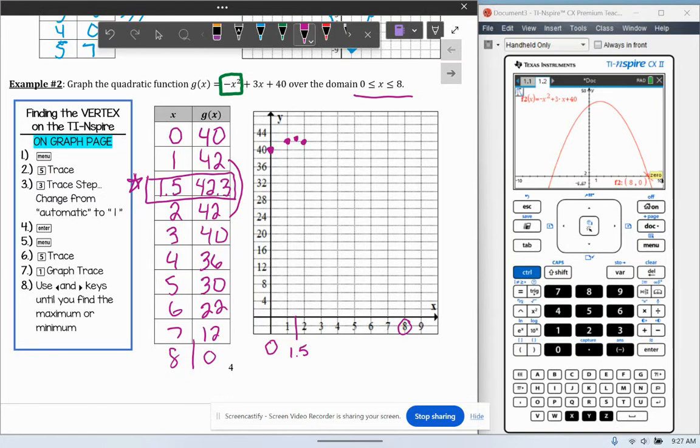So like right there, then (2, 42), we're going back down the parabola again, (4, 36), wait, what did I do here? (3, 40) should be right up here, (4, 36), (5, 30), (6, 22), (7, 12), and (8, 0). We will connect these points with a curve, and then we will label this g of x.